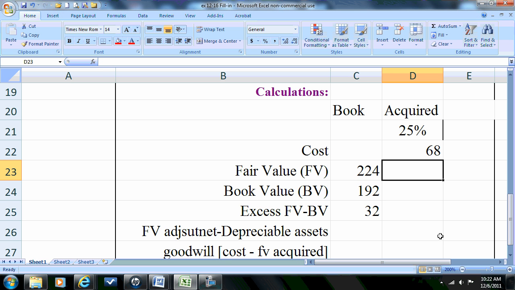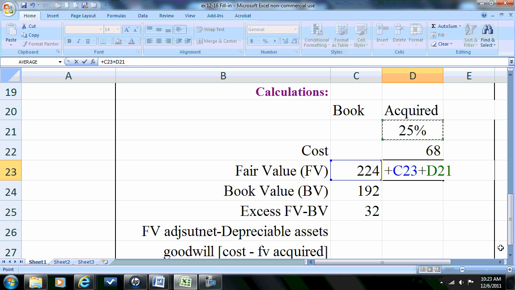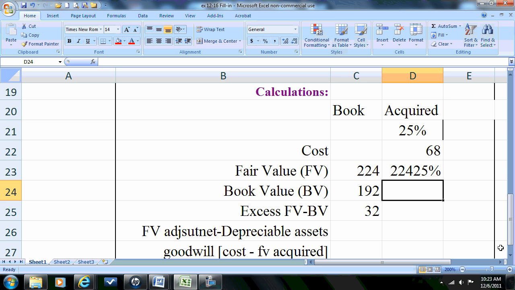Pfizer has not acquired all of it, only 25%. So to determine Pfizer's share of Carney's net assets at fair value, we'll take the fair value and multiply it by the percentage acquired, or 25%.